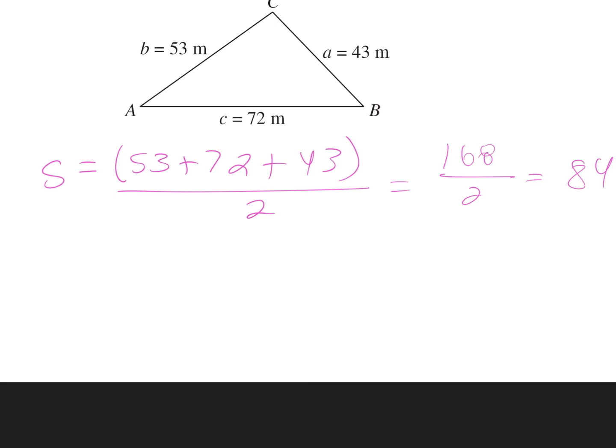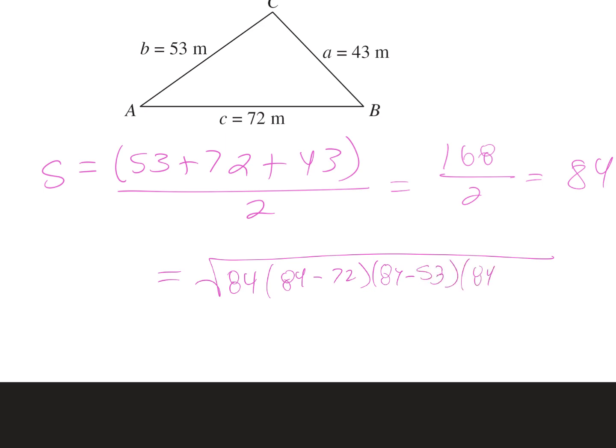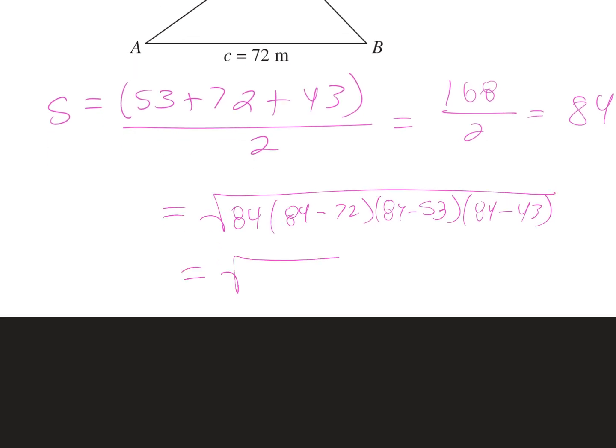So Heron's Formula says you take the square root of, you put your S value out in front, and then you take S minus all the sides. So 84 minus 72 times 84 minus 53 times 84 minus 43. And now let's simplify a little bit.